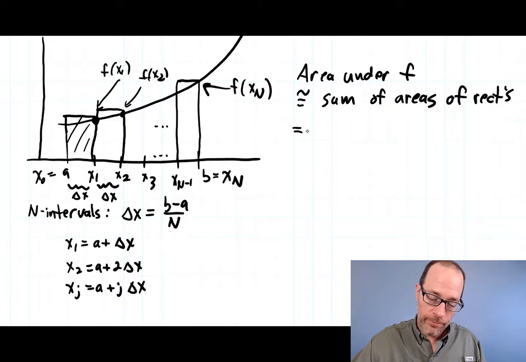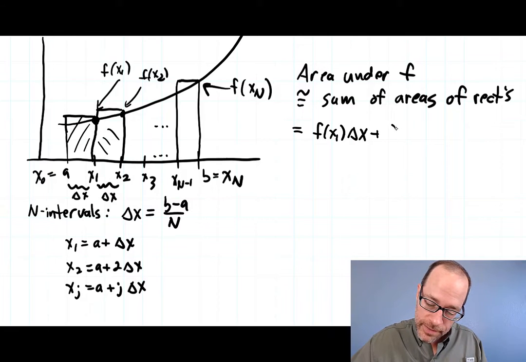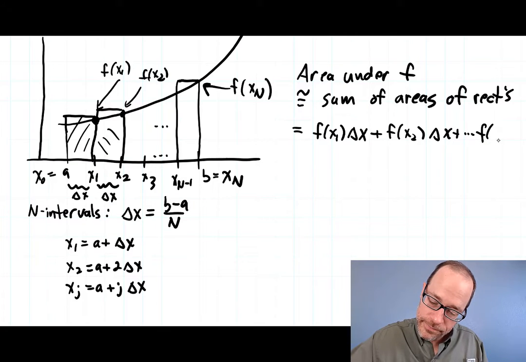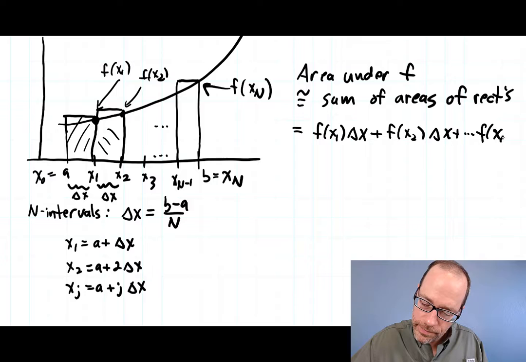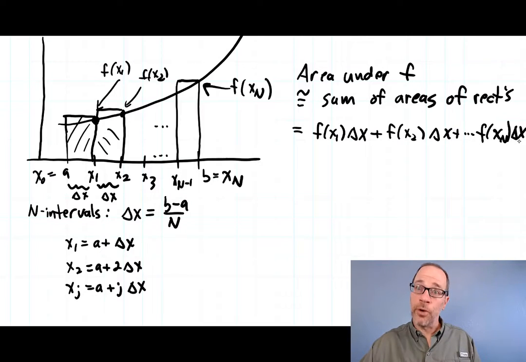So the first one, the area is height times width, so the height is f of x1 and the width is delta x. For the second one, you get f of x2 times delta x, so forth, until the last one, which would be f of xn times delta x. All right, so that's the long form.